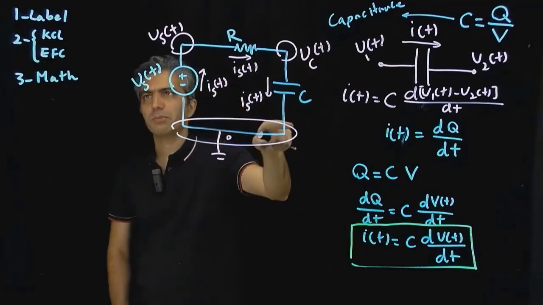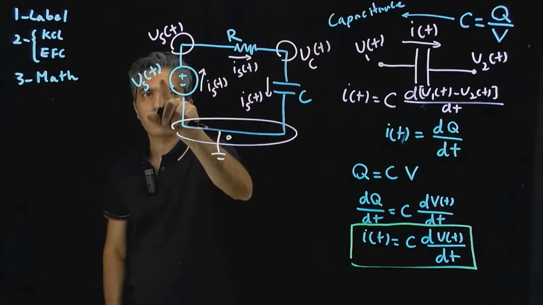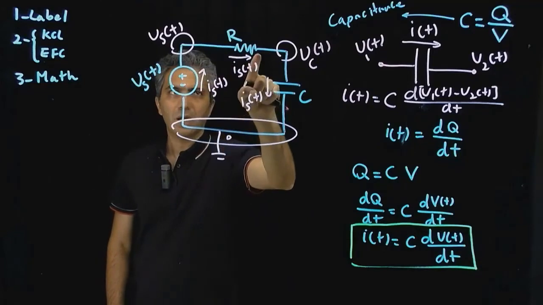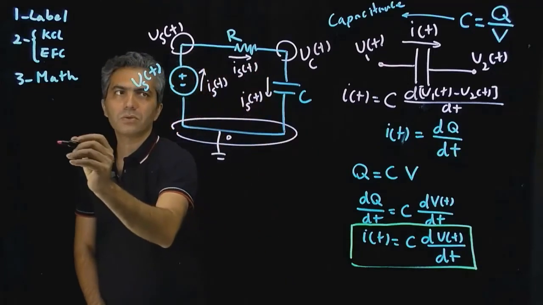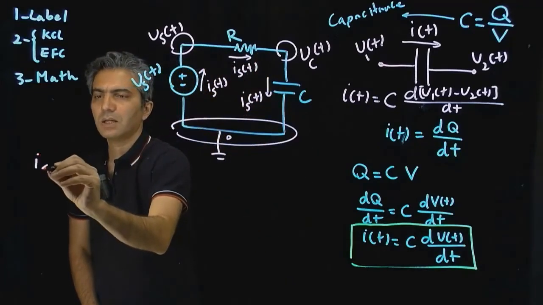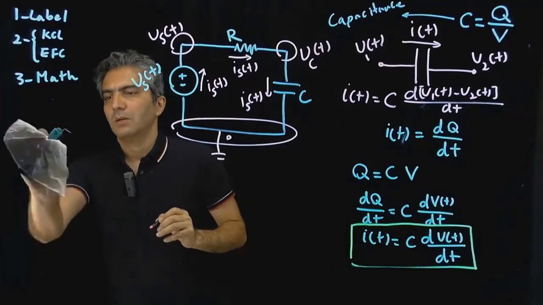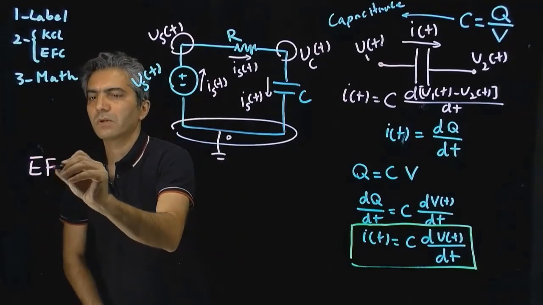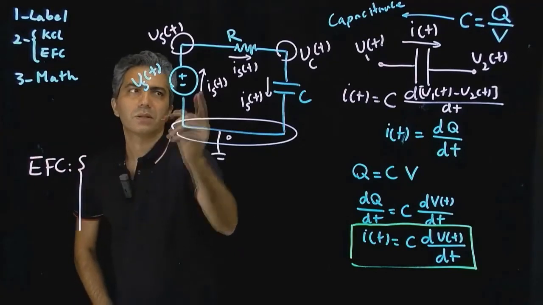There's no KCL to be written here. Equations for components, I already wrote the equation for that component. I need to write the equations for these two, the resistor and capacitor.